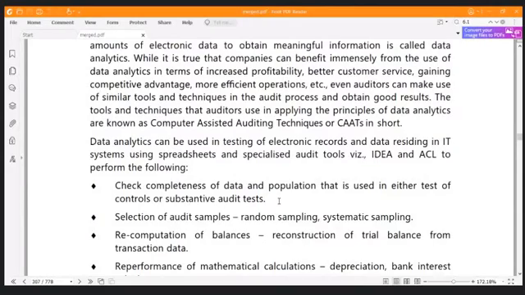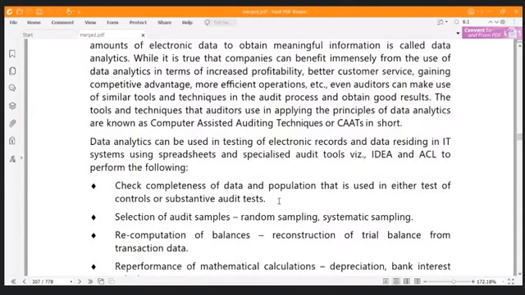Some of the examples that we have seen are Monte Carlo analysis, 5% analysis, deviation analysis, ratio analysis, and then you have the Benford's law comparison, to check whether the first digit is appearing in accordance with the universal law of Benford.